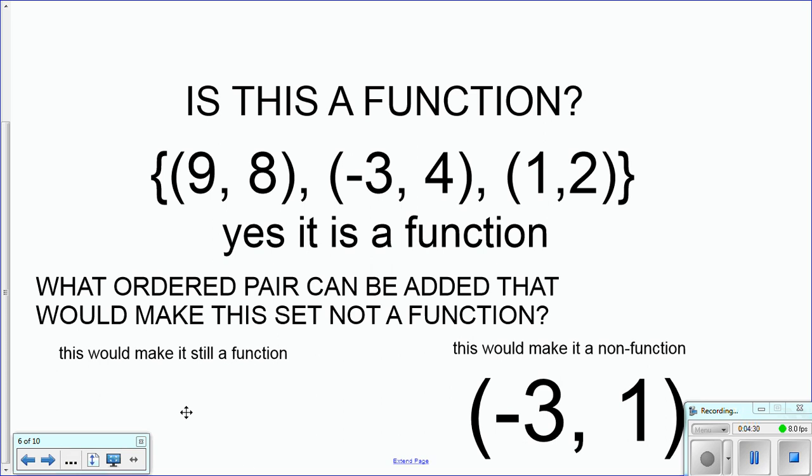To add an ordered pair and make sure it still is a function, I could add any ordered pair that had a different x value than these three. So (2, 2) works because there's no other x value of 2, and it's okay that we have the same y value. It just can't have the same x value.